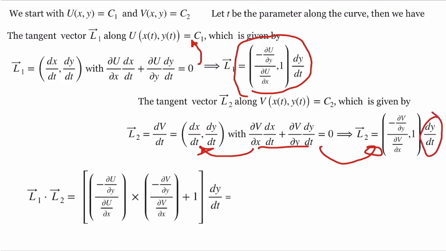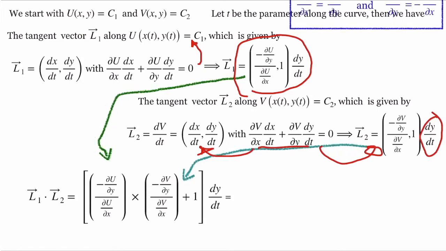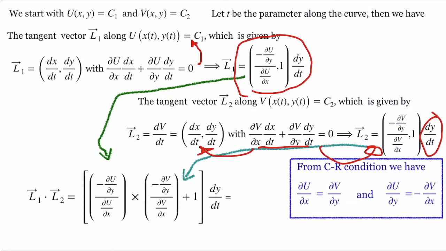Now we take the dot product between L1 and L2. These two cumbersome expressions get multiplied with each other, plus 1 times dy/dt. It's time to use the Cauchy-Riemann condition in this equation and simplify further.